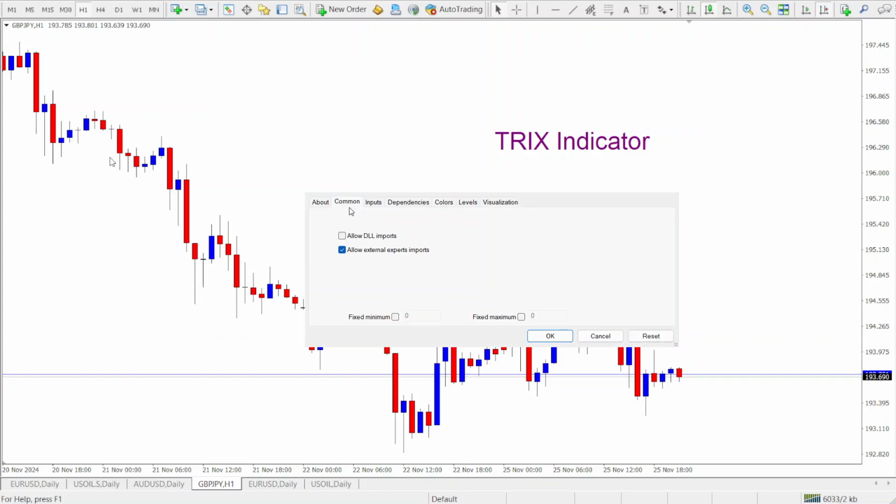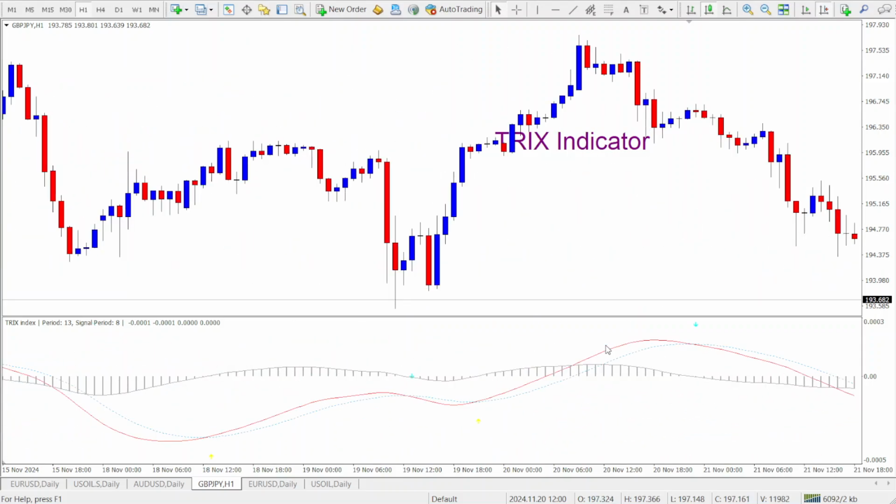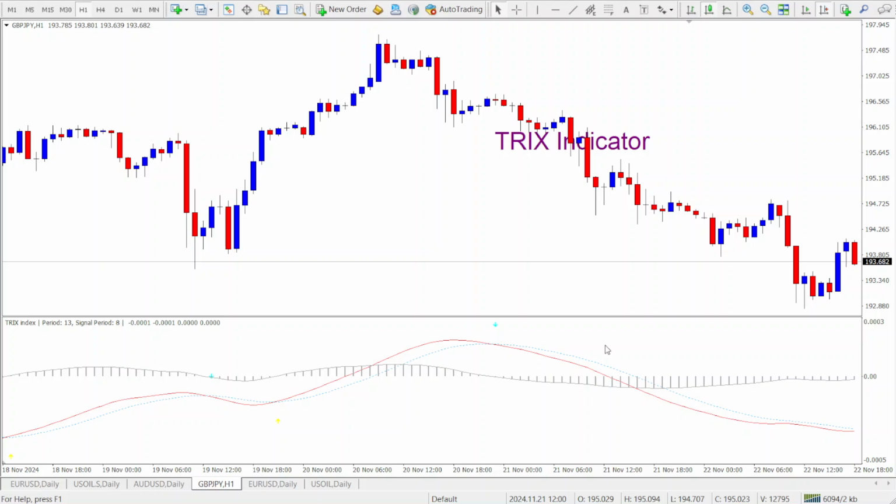This is how the indicator looks like, the TRIX indicator. This indicator helps to filter out minor price fluctuations and focus on meaningful market trends. That's what the indicator tries to do. The TRIX indicator gives you signals in different ways, as you can see.